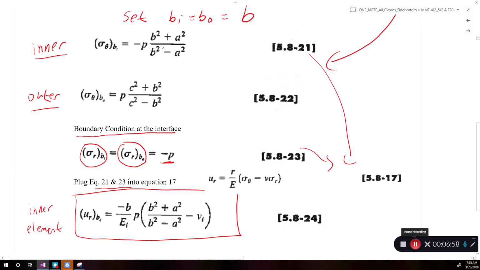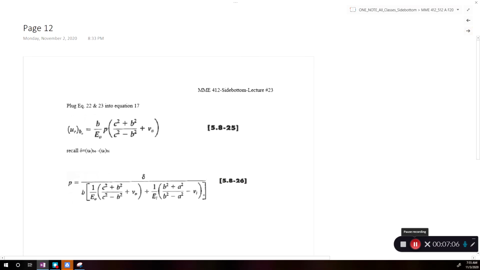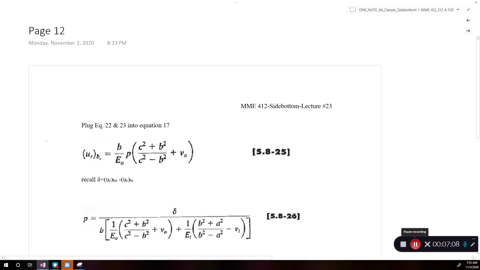Then we can do the same thing for the outer element, where you plug equations 22 and 23 into equation 17. The last part is that we know the displacement is equal to the difference between the displacements of the outer element and the inner element.